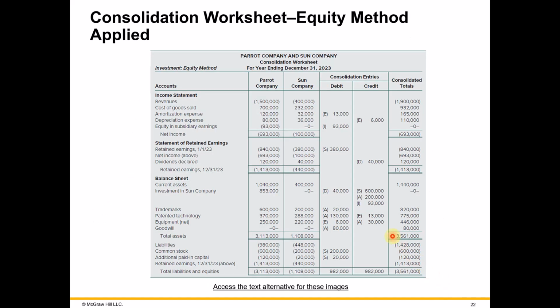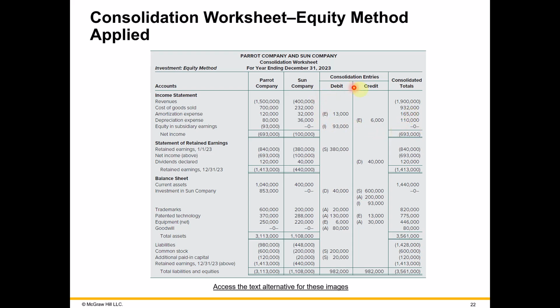So here on this screen is the ultimate goal, what we're trying to get to. Well, maybe not the financial statements, but the consolidated worksheet in which we can prepare the consolidated financial statements using this last adjusted trial balance column. Let me point out a couple numbers here.